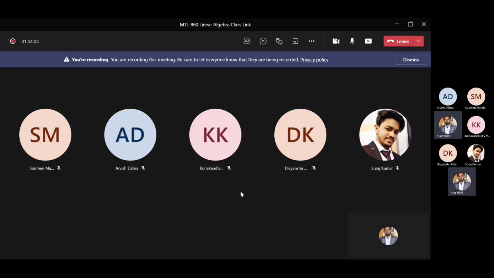Okay, if there is no other query... Sir, is there a marks distribution for parts of the major? That means, before minor one and after minor two, is there any marks distribution like that? It's not exactly a marks distribution, but most of the marks will come from after minor one, including the quiz and after the quiz.